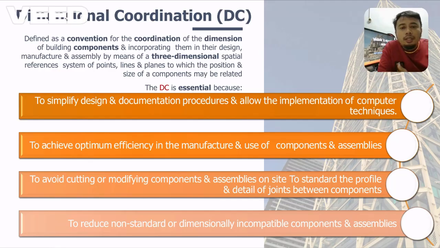Only a few sections you cannot change, as required by the design. Maybe some components need to be non-standard, but most of the components will be standardized. So this allows much faster construction.